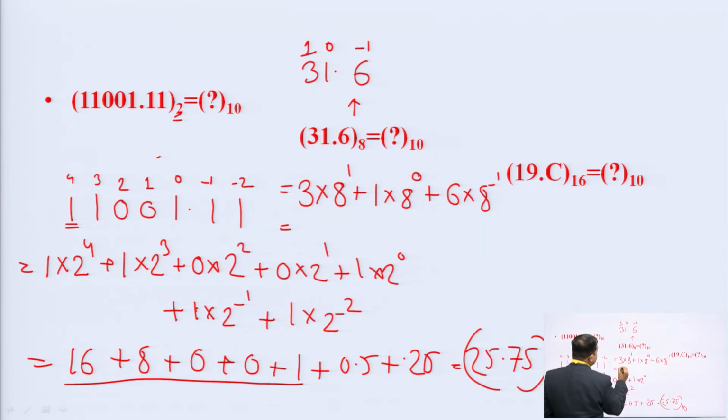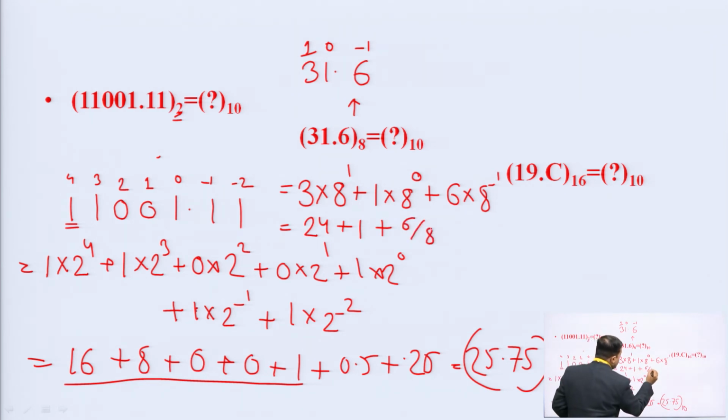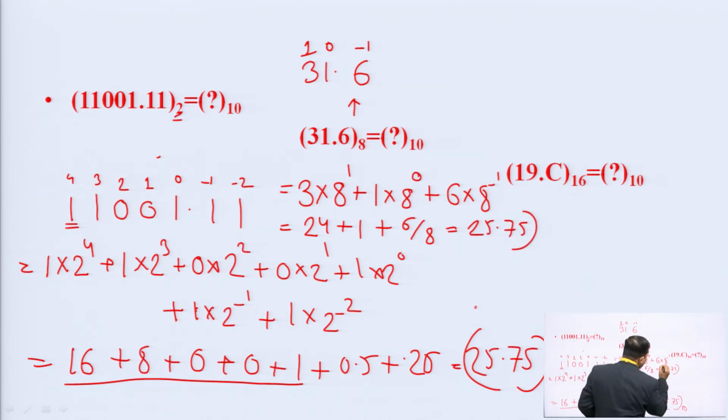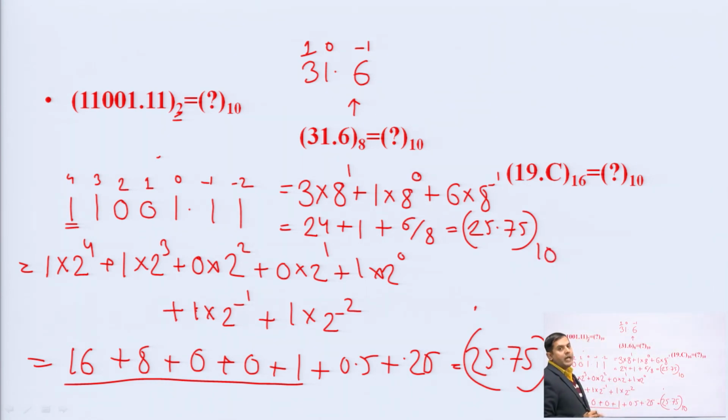It will come as 24 plus 1 plus 6 by 8. If we solve this, it will come as 25.75 in decimal, right. So, we have converted the binary number system into decimal, then the octal number system into decimal.